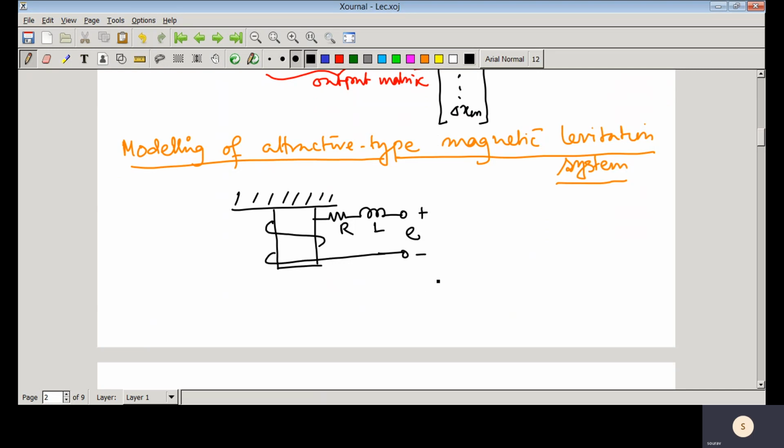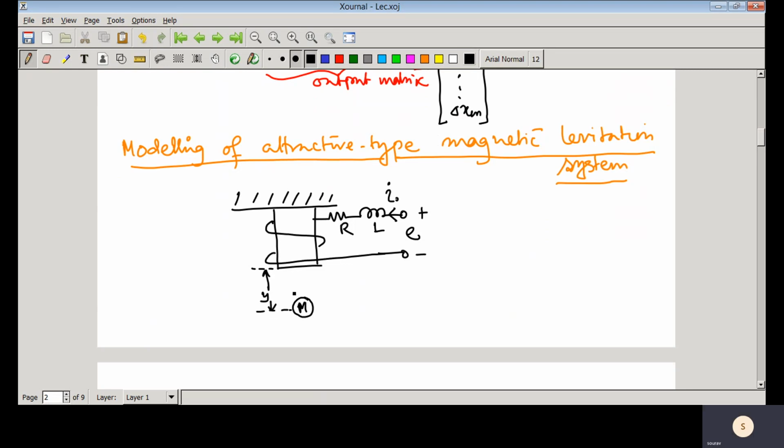Now whenever some current I flows through this circuit, an attractive force will be generated by the magnet. This is a steel ball with mass m, and suppose this distance is y.